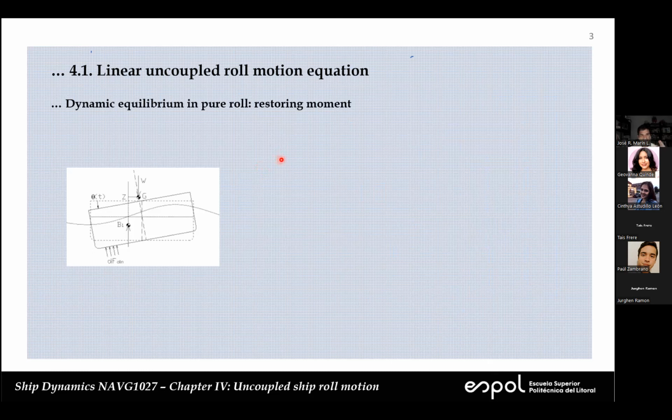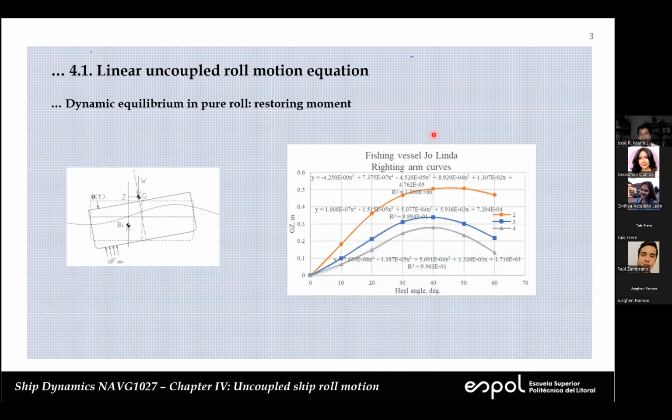That means that we consider that theta is small. For example, this is the problem that right now I'm facing. It's a fishing vessel called Yolinda. It's based in Manta. We're trying to help them with some stability issues.